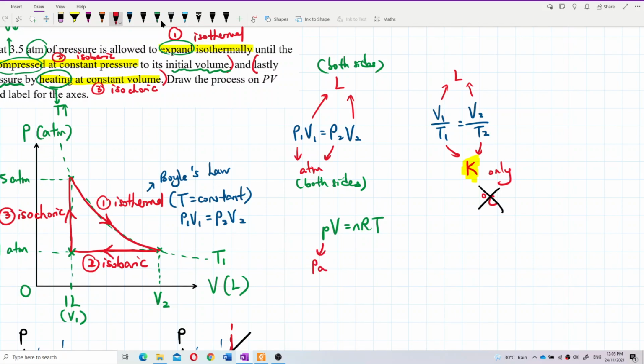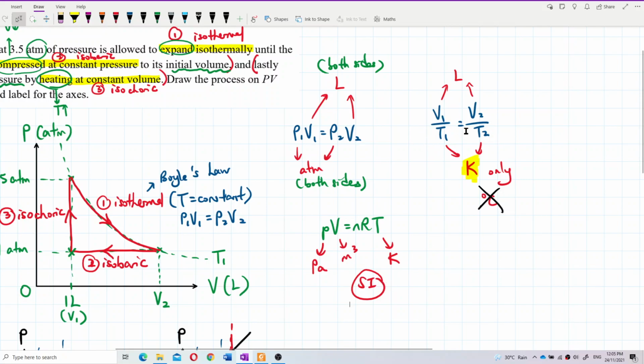Change to Pascal, change volume to meter cube, change temperature to Kelvin. All must be SI unit. Only when left and right hand side have the same unit, atmospheric pressure, liter, they can cancel off the unit. You understand? So you don't need to bother about changing it to SI unit. But for this one, better you change to SI unit.